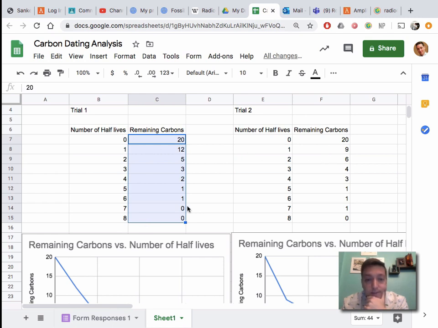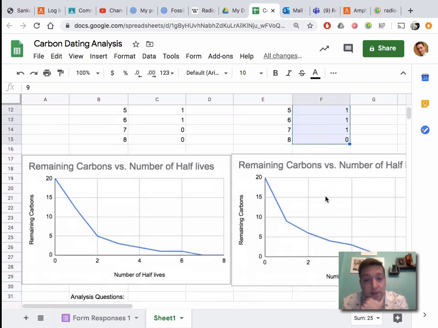For the first trial, leave that 20 there, assuming you started with 20. Replace these numbers that I'm highlighting, and then replace these numbers for your second trial. These graphs should automatically update, so you can see how quickly 20 carbons go down to 0.